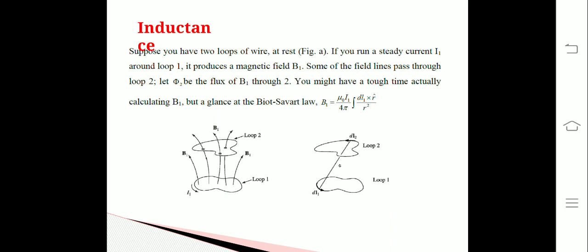Suppose you have two loops of wire at rest, as shown in figure A. If you run a steady current I1 around loop 1, it gives a magnetic field B1. Some of the field lines pass through loop 2. Let phi 2 be the flux of B1 through loop 2.